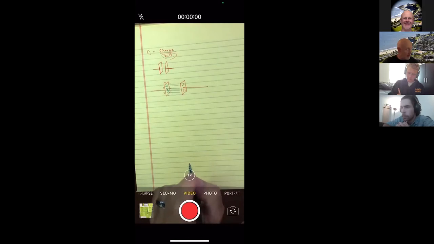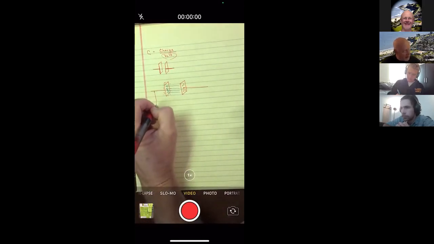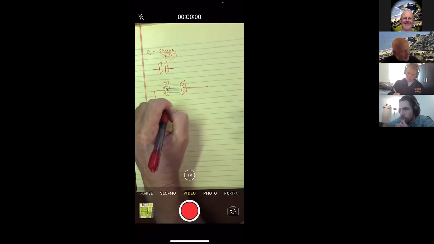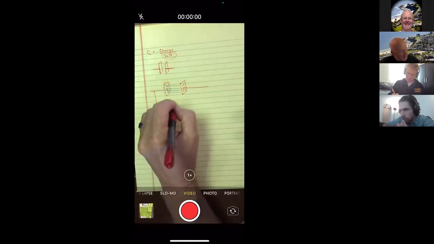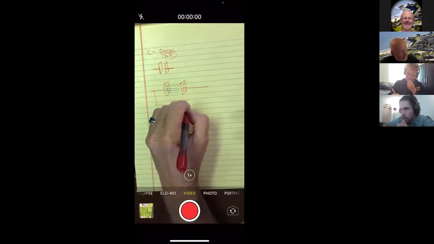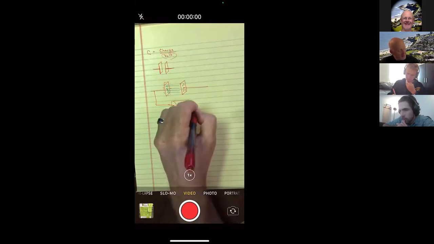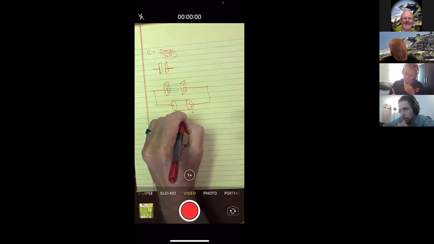Okay. And maybe the conceptual way of explaining it here is if I hook this to a battery. There's the negative end of the battery. Here's the knobby positive end of the battery. And 1 volt batteries aren't very common.